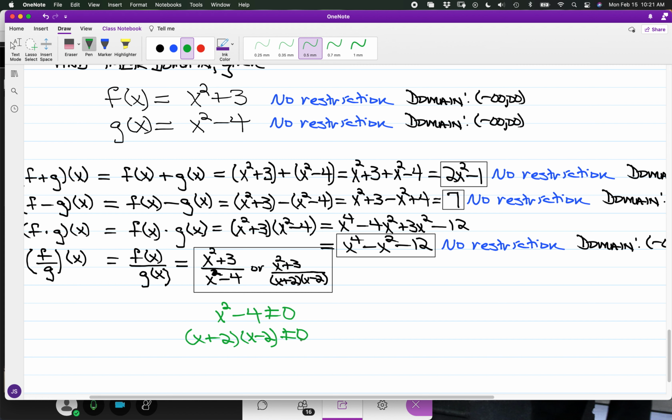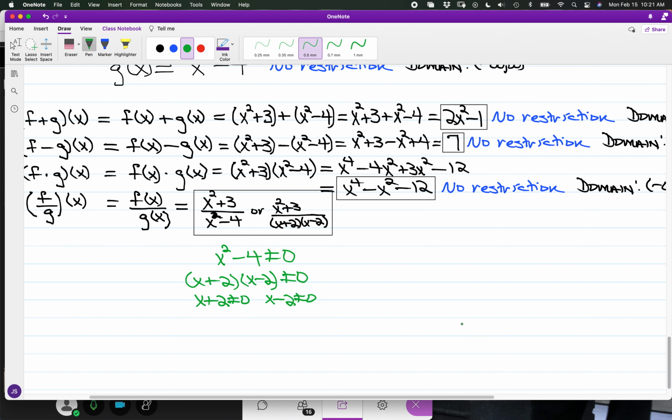So we have x plus 2 and x minus 2 cannot be 0. And from this set of restrictions, we have x cannot be negative 2, nor can x be equal to 2.